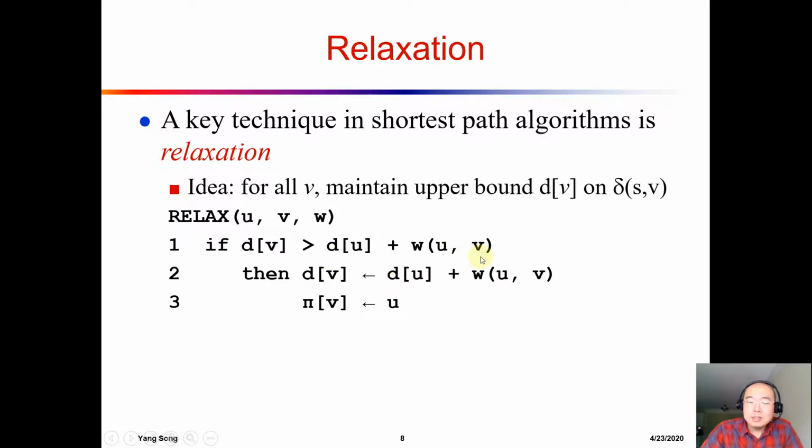Okay, if d[v] is greater than d[u] plus the weight of (u, v), what does this mean? This means we can get to node V with a d[v] cost, and we can get to U with the cost of d[u].